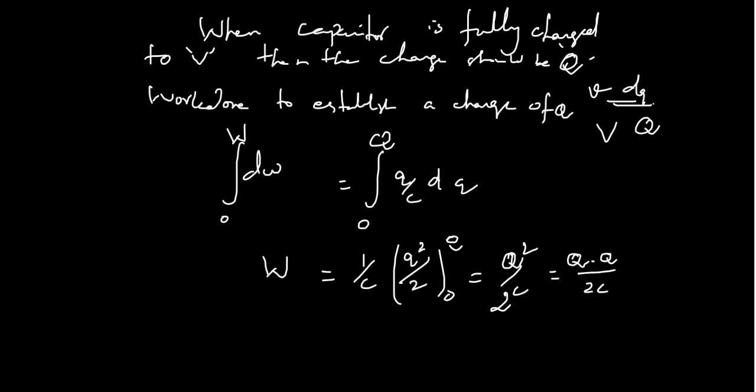For one Q, you substitute the CV value, so 1 by 2 into CV into Q by C. C and C will get cancelled. So the total work done is equal to 1 by 2 V into Q.